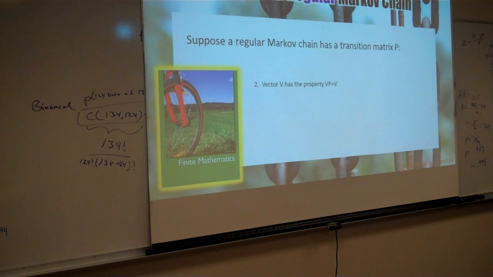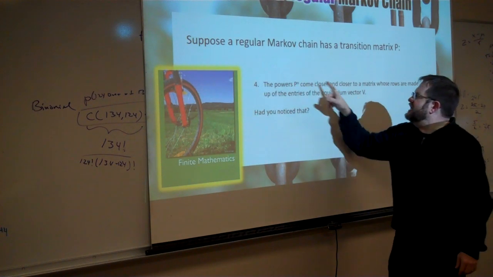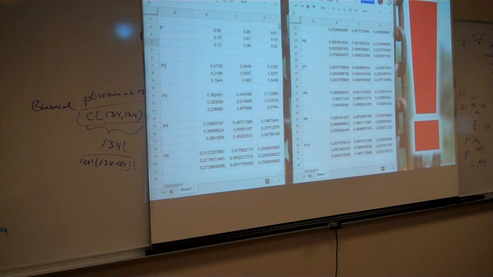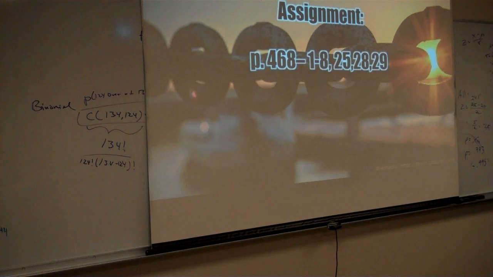In other words, each time you take that equilibrium vector and you say, what is its transition, it just goes back to where it was before. You've reached equilibrium. And you could actually find that using that as a system of equations. I also wanted to show that one of the ways you could have found it too is the powers p to the n get closer and closer to that actual matrix. But I won't show you that right now. It's not so important.